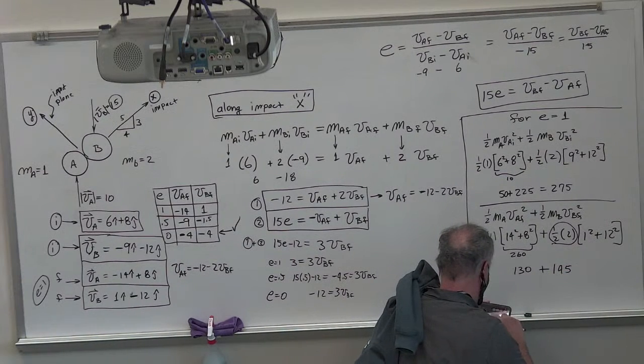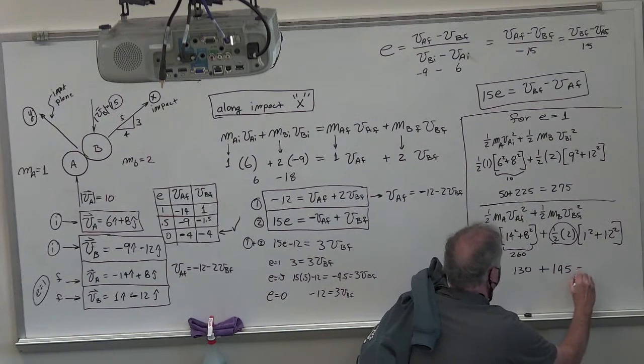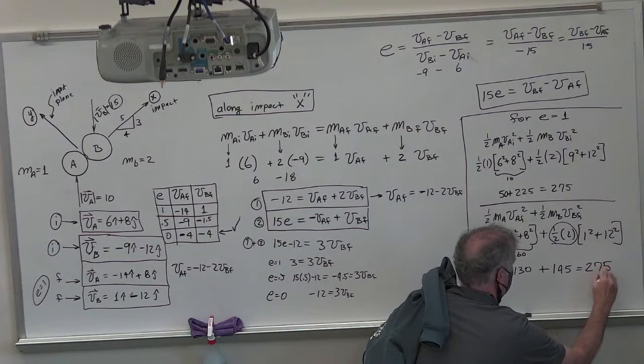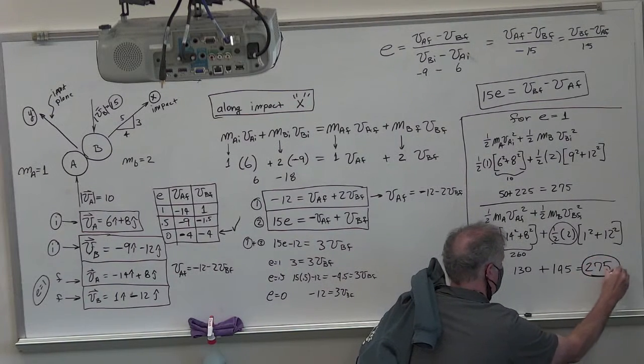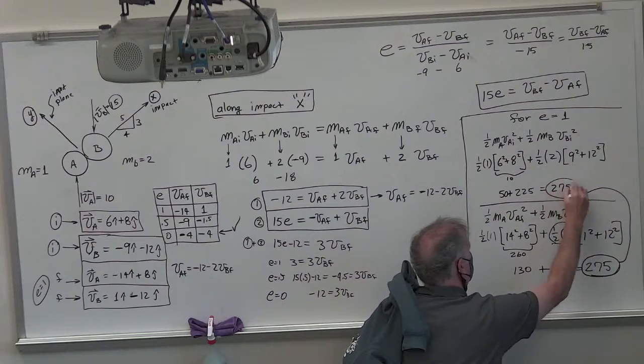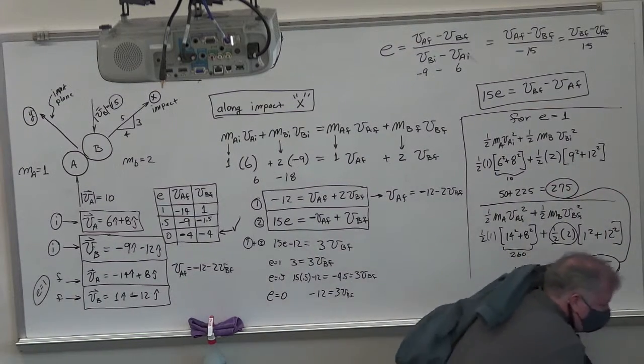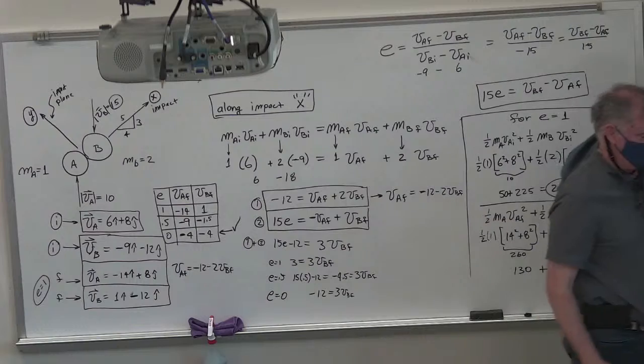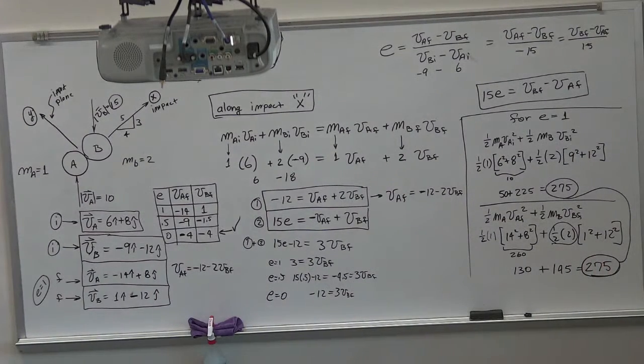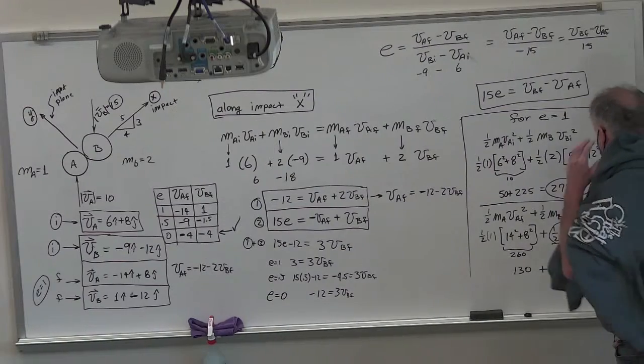Okay, so plus 145 equals 275. No loss in energy. So this is a way for us to check the solution here.